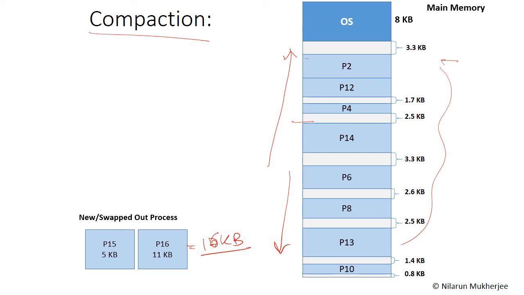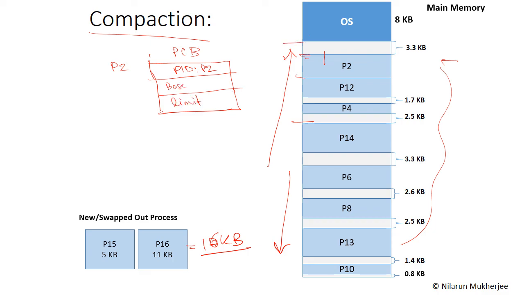Now the problem is, when we shift, the processes are already loaded here. So P2 will have a PCB, where I will have the PID of P2, and the base and the limit.